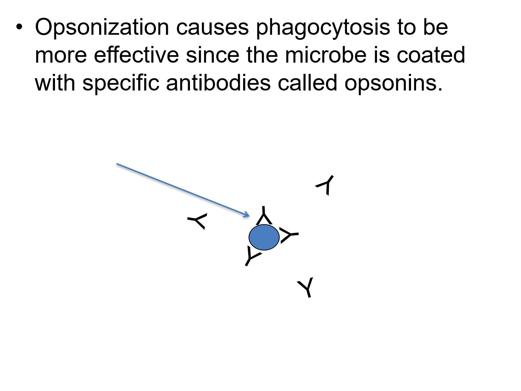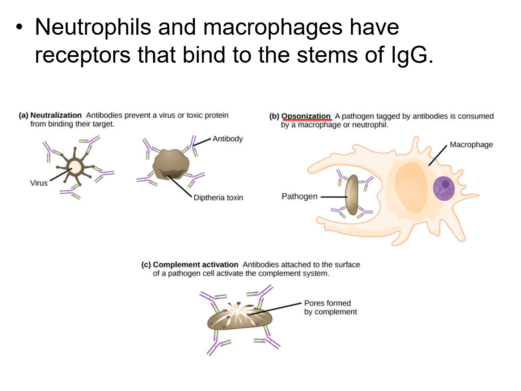So basically, the phagocyte is looking for something to destroy, but if you coat this epitope with antibodies, it's more likely to see it. It knows where to go. It knows where to adhere. It makes it more likely to adhere. So this next slide shows you that.